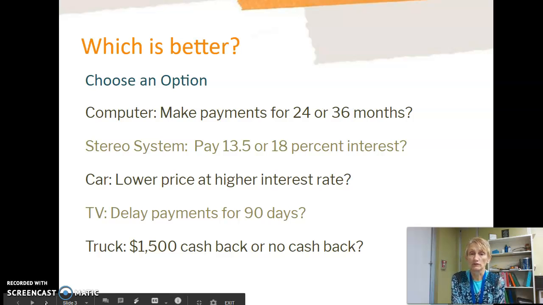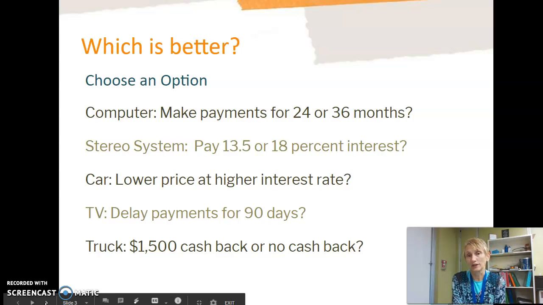Depending on how the interest is figured, you're probably going to pay more if you spread that out longer because you're using their money longer. You might say, well, it's still a lower payment, that's what I want. Just know you're paying more for that item in that case.